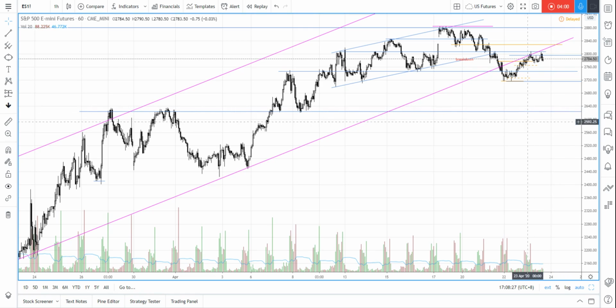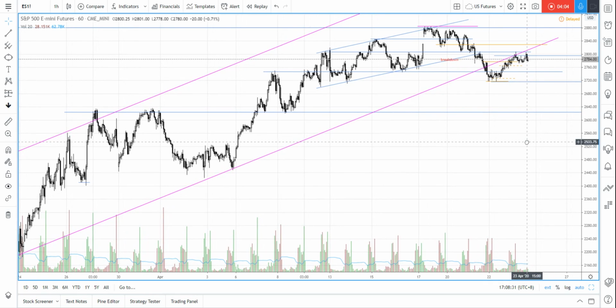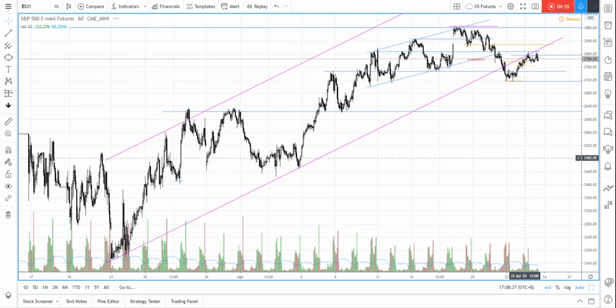So once this level gets taken out, I think we should see a quick sell-off where there is a lot of volatility pickup, and that's the time that we should see a test of 2450 or even lower, closer to the selling climax low. So 2625 is a very important level to watch.